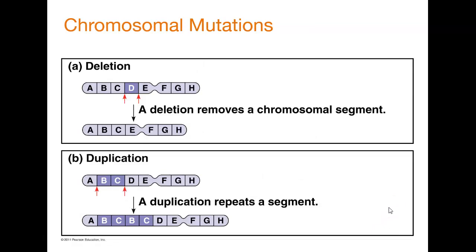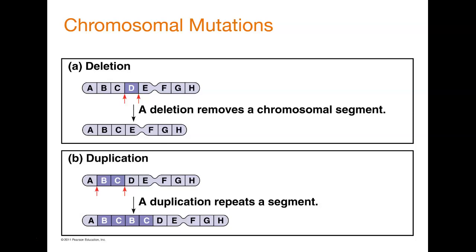Another thing kind of randomly tacked on here at the end is the idea of mutations, and I think you can get a basic understanding of what that means. If a chunk of a chromosome is missing or a chunk of the chromosome gets duplicated, then you start messing with dosage issues. You have either not enough of particular genes or too much of particular genes, and that can yield some health side effects.